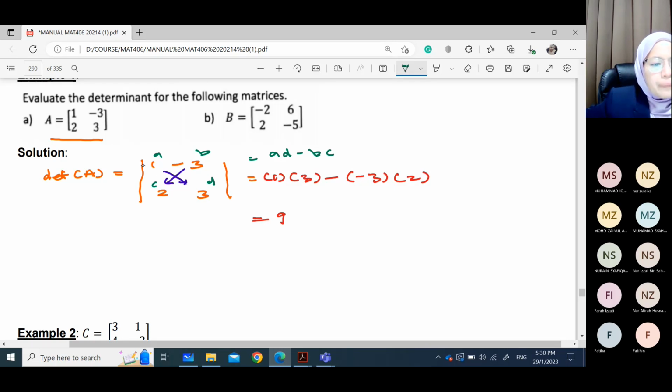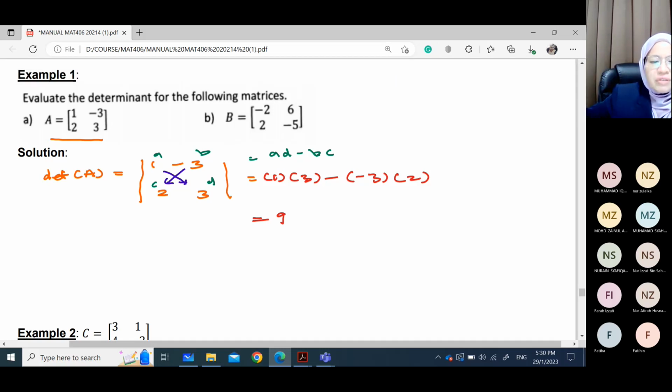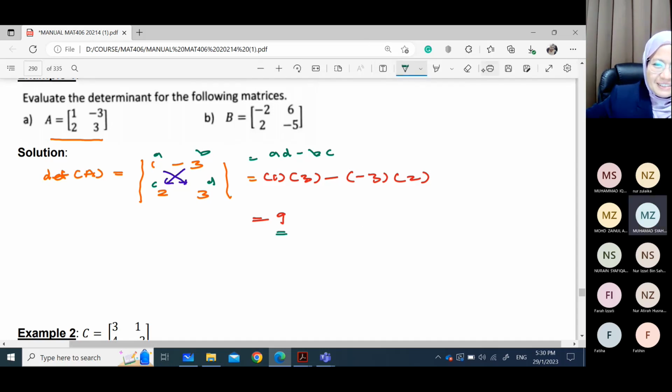We just multiply between A and D. So kita darabkan 1 dengan 3. This one is AD minus with BC. So our B negative 3 times 2. Okay, so here we have negative 6. So 3 minus negative 6 sama juga dengan minus we have plus kan. So 3 plus 6 we have 9. Ini jawapan dia. Boleh? Faham tak? Faham, Puan.